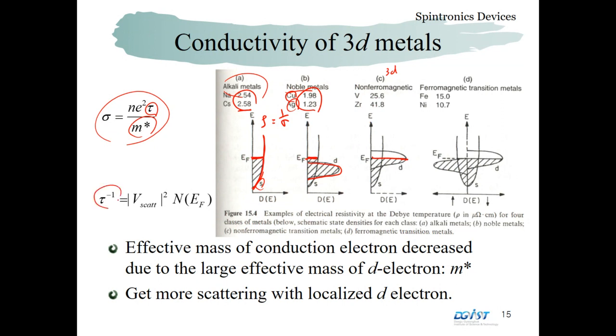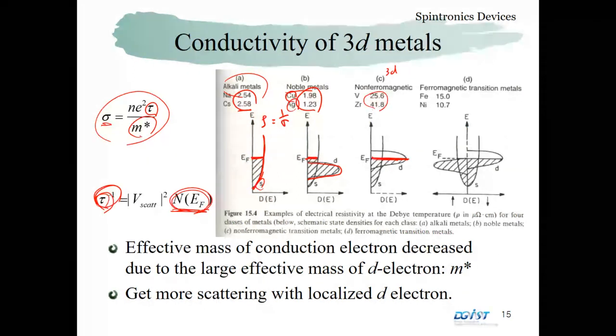The inverse of the scattering time is proportional to the density of state. What does that mean? If there are many electrons, if we have a large density of state, then we have a small scattering time, meaning the scattering occurs more frequently. So you can easily imagine that the d band has a large density of state, which implies a small tau, then the conductivity is getting smaller, or the resistivity is getting larger.